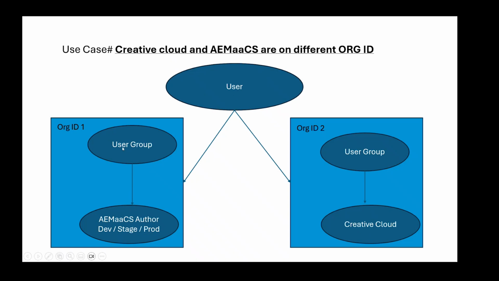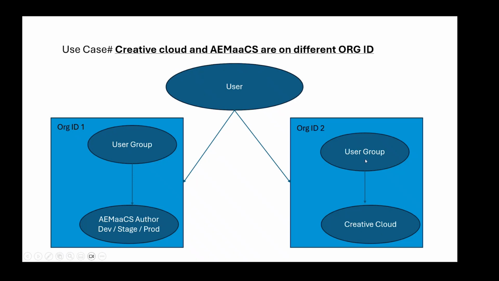Once you are done with this kind of setup on IMS for a particular user, suppose org ID one is for your asset authoring. Then you need to do the same activity with your Creative Cloud. Suppose you have org ID two where you have the Creative Cloud product.